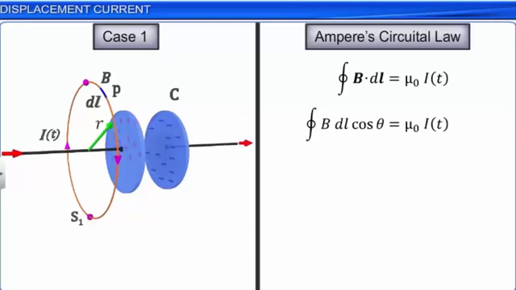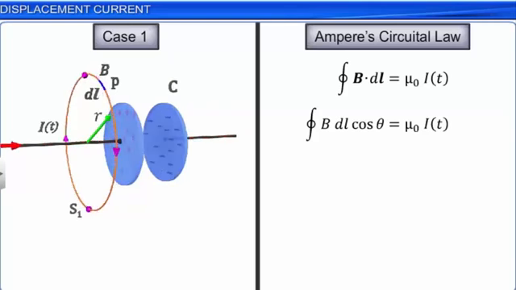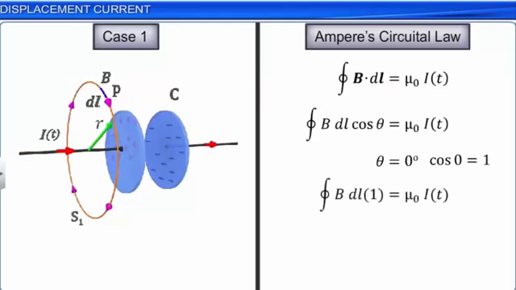Since the direction of magnetic field is along the circumference of the circular loop, the angle between the magnetic field and the element dl at that point is 0 degrees. Cos 0 is equal to 1. Then, the integral over the closed loop of B dl is equal to mu naught I(t). Let this be equation 1.